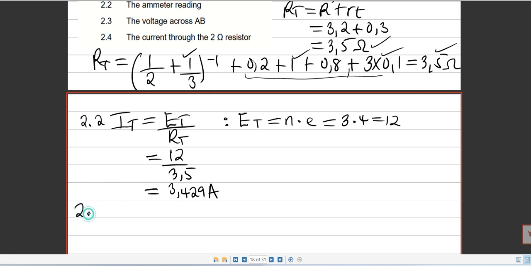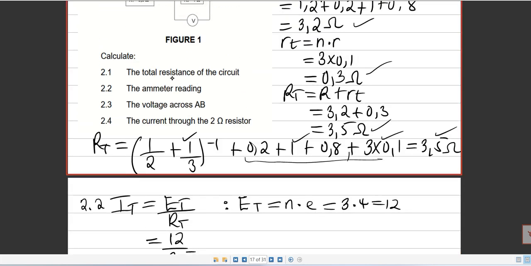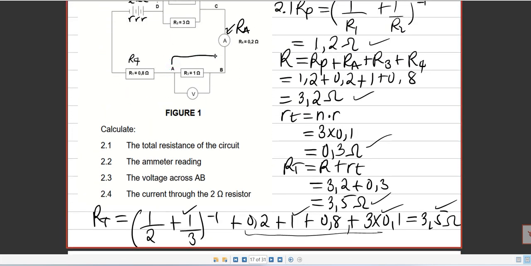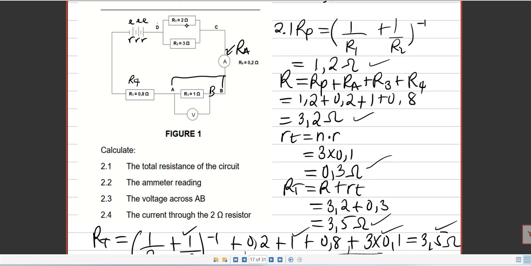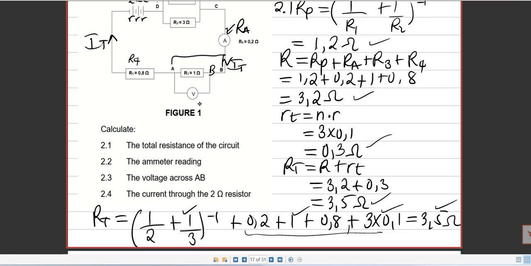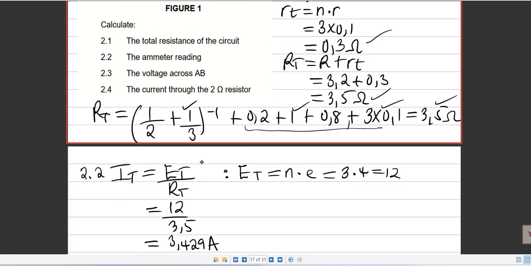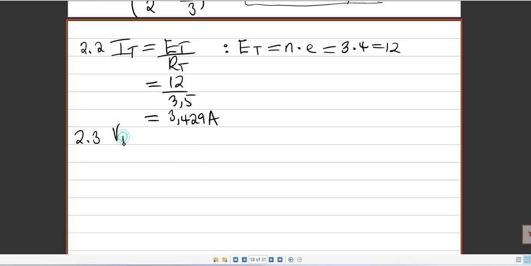Next question, 2.3, the voltage across A and B, the voltage drop between these two points. It's the voltage across the 1 ohm resistance. Considering that current in a series circuit is the same, we just need the current passing through this resistance times the resistance. So the voltage through the 1 ohm resistance is total current times the 1 ohm resistance.